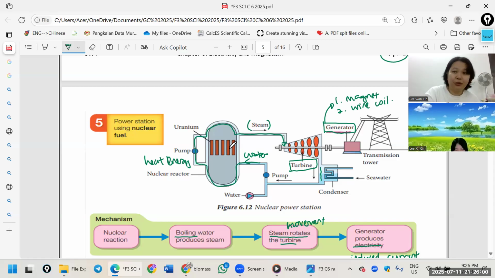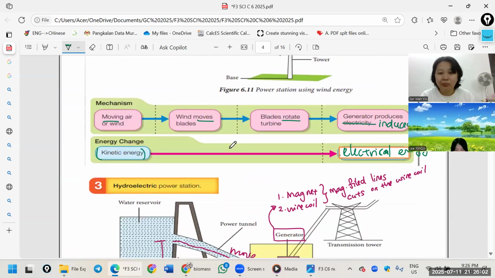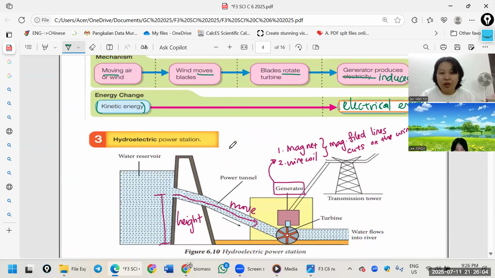Okay, right. First of all, hydroelectric. Kimberly, what energy is changed during the process? So first is chemical energy. Hydroelectric.